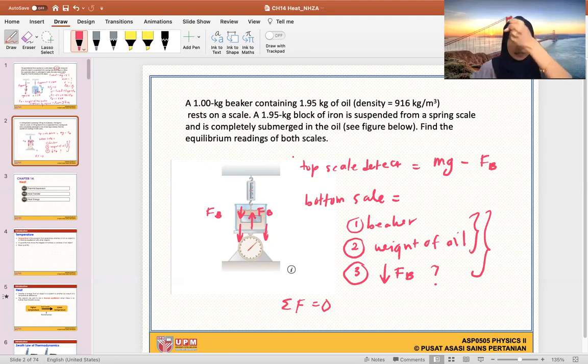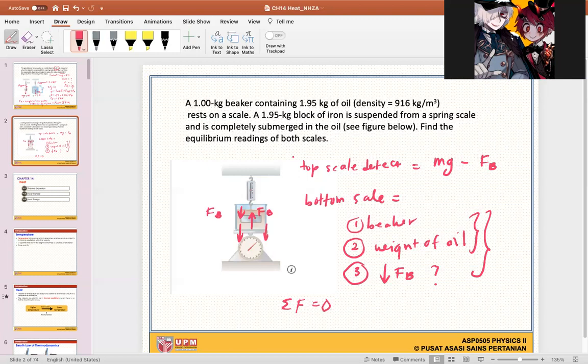Sama juga, scale detects the iron block, mg. Letak dalam oil, dia jadi ringan. Apa yang berlaku? Buoyant force acting on it. So the scale only detects mg minus FB. Okay. Dia tak terganggu oleh beaker, dia terganggu oleh buoyant force sahaja. I hope. Is everyone okay?